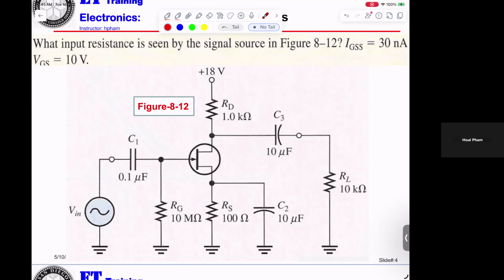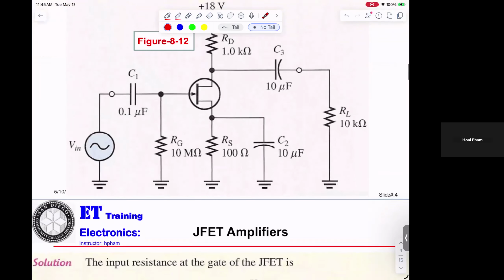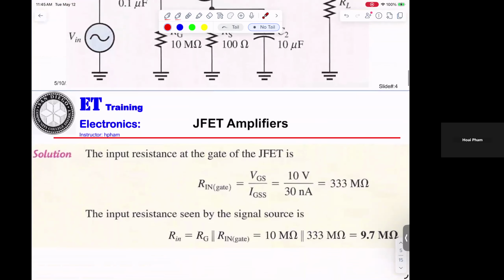Okay? So, that means if this is your signal coming in, you're looking into the amplifier. What input resistance, okay, will be seen by this. Let's see. They do the calculation here.